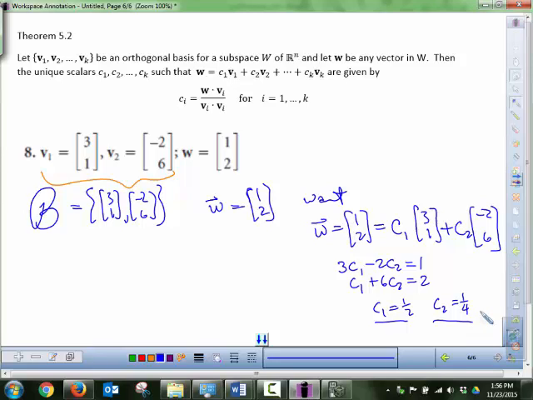So W can be equal to this. And so what these coefficients represent is the components of a new way to write the point. Okay? What this means is that you can write W, which is equal to 1, 2, as equal to 1/2, comma 1/4 with that particular basis.